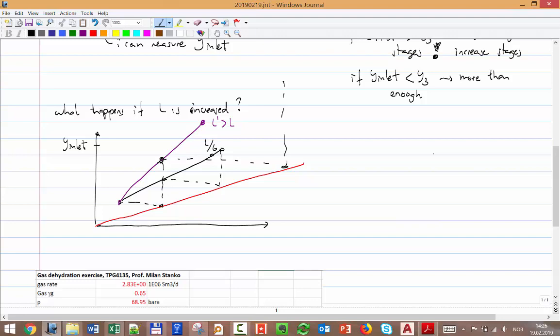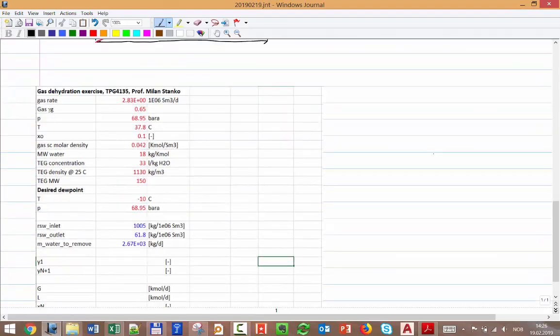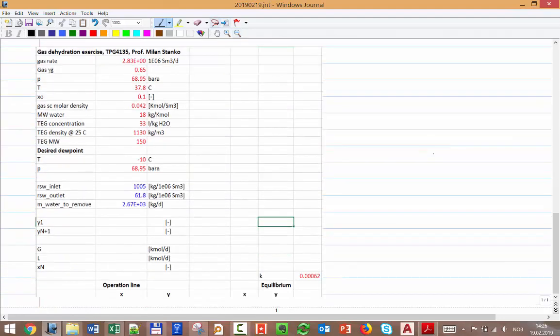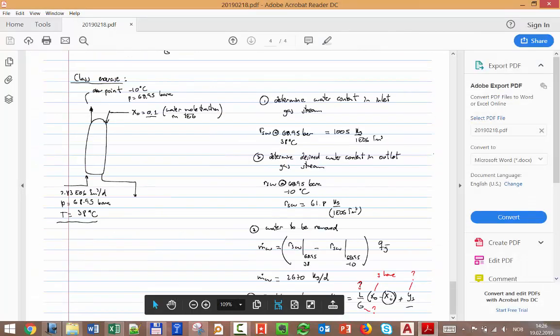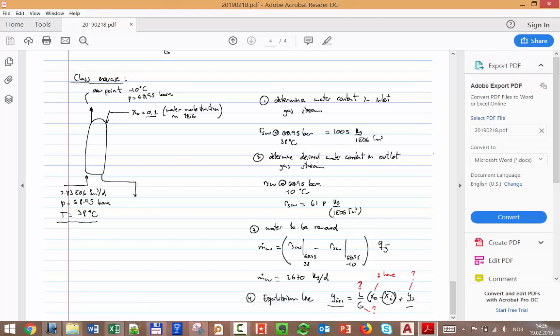So our task was, we got a problem that we started to solve yesterday, and we outlined a procedure. Determine the water content in the inlet gas stream. That we have done with the equation, with a BBA function that represents the plot. We said this gas has 1 ton of water per million standard cubic meter.